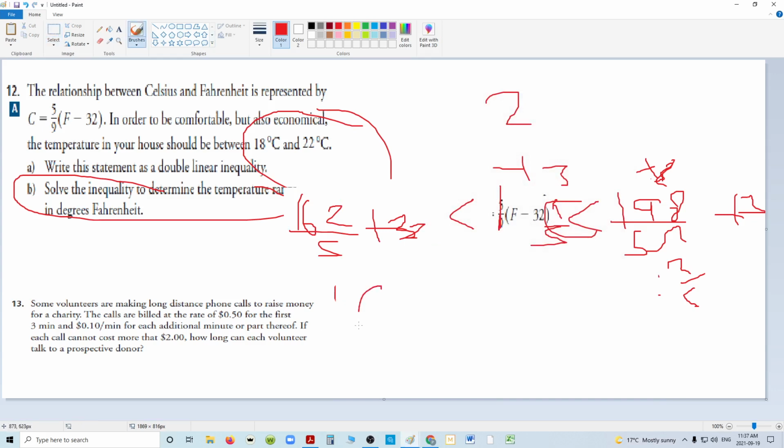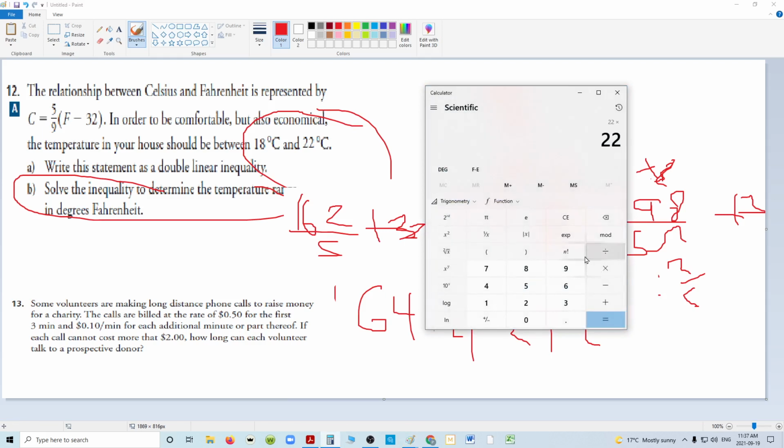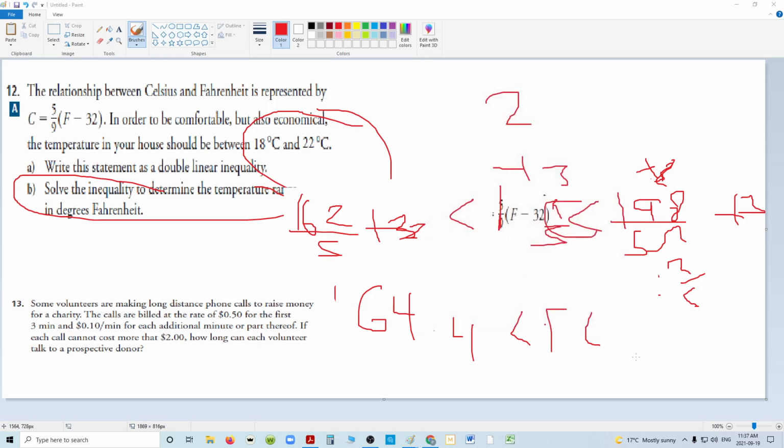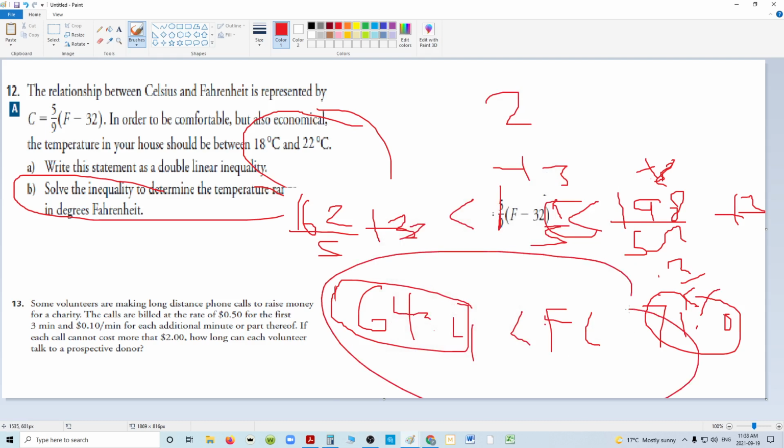So 64.4 is smaller than Fahrenheit, is smaller than, and now let's do the other one. What is 22 times 9 divided by 5 and add 32? 71.6. So that means that when the room temperature is between 64.4 and 71.6 Fahrenheit, that's when you're most comfortable.